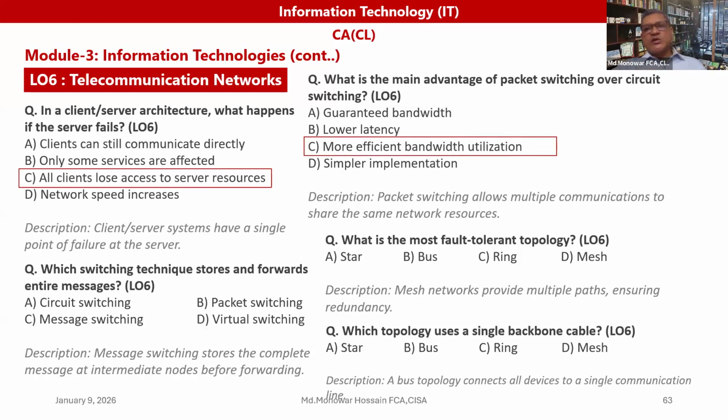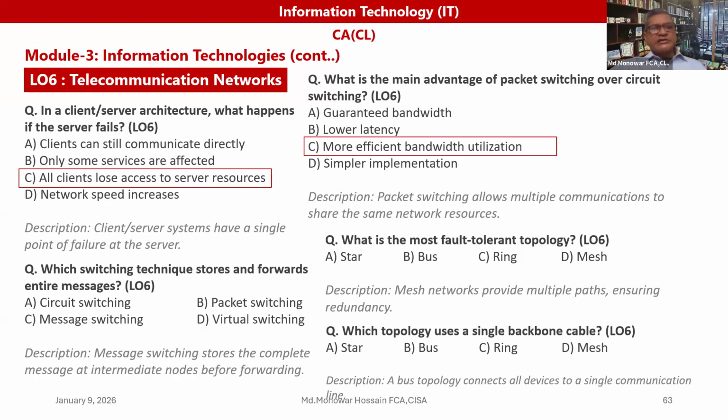So packet switching allows multiple communications to share the same network resources. The main advantage over circuit switching is more efficient bandwidth utilization. Answer C.